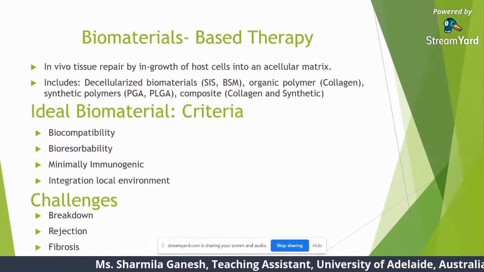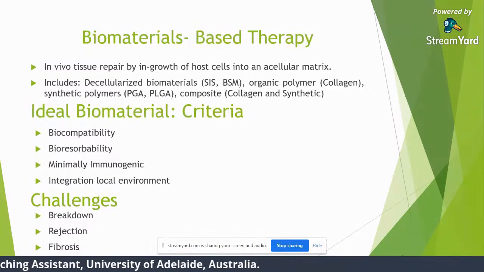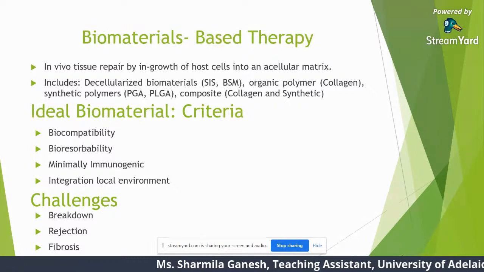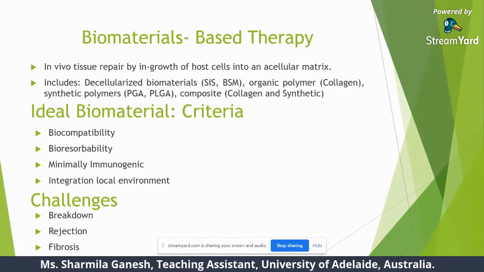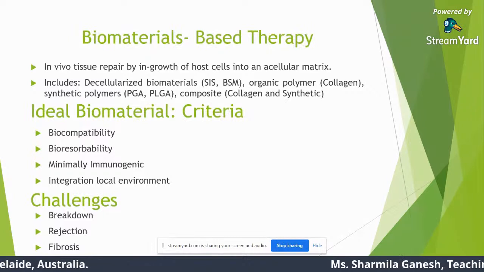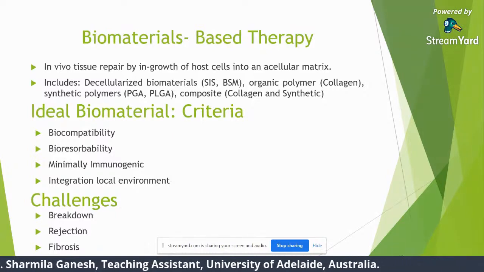They should be biocompatible, they should be bioresorbable, that is, they should have good pore structures to improve vascularization, to pass on signals, and for waste removal. They also need to cause very little immune reaction, and they should integrate well with the local environment system.